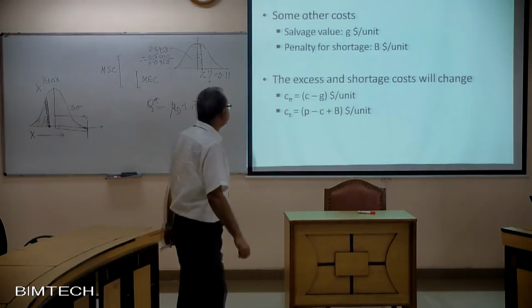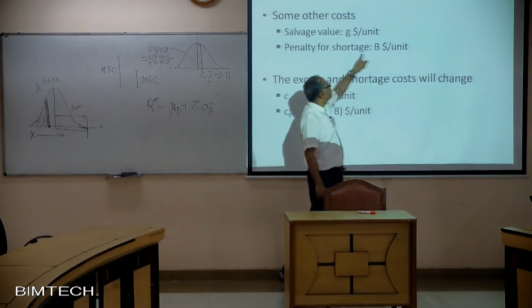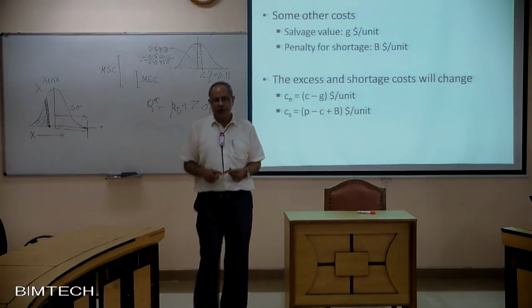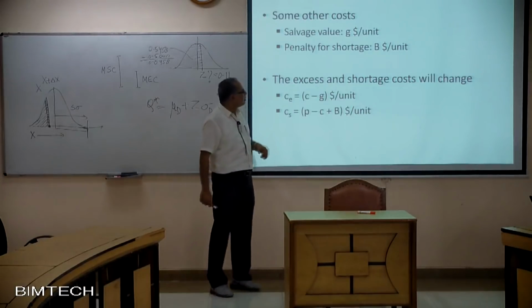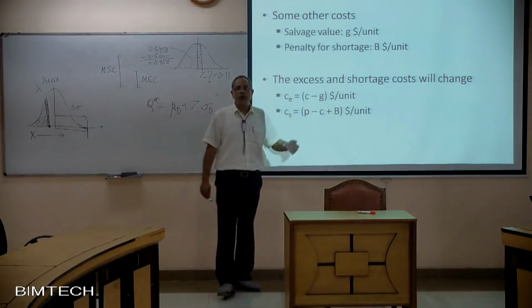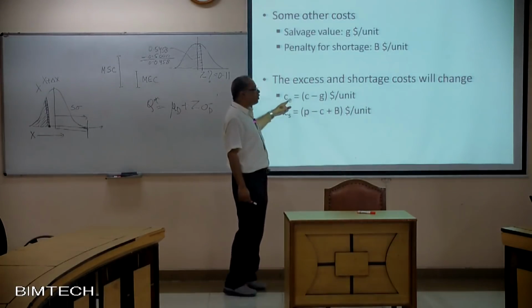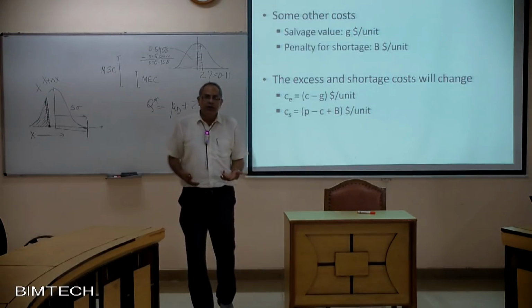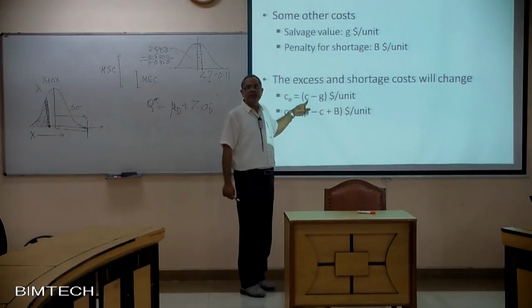And therefore, let us call that an additional penalty for falling short, and we are naming that B dollar per unit. Okay? So, what will happen? Well, our excess and shortage costs will now change. How will they change? The excess cost, where I go excess, earlier was only C. I was losing the money I had spent in buying one unit.